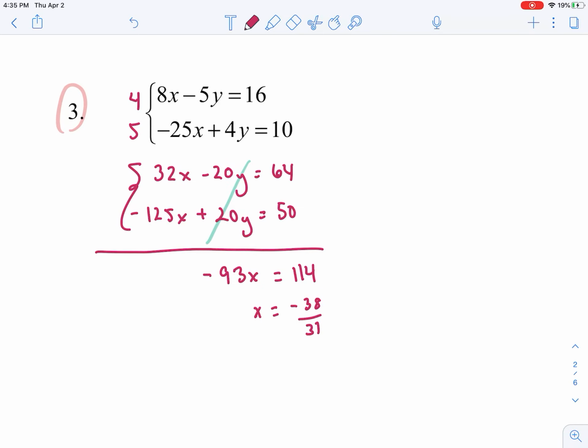I'm going to plug that back into either equation. The top one looks a little bit easier, so I'm going to plug it into the top one, a little bit smaller. Make my calculator do the work. Times 8.